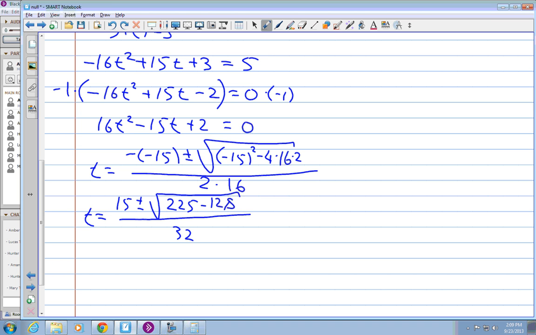Is that right? So it's 15 plus or minus the square root of 225 minus 128. Is it 97 over 32? 97.